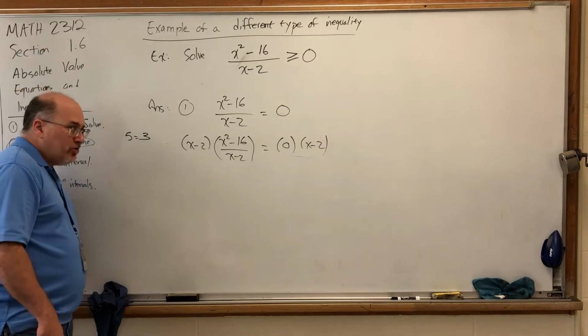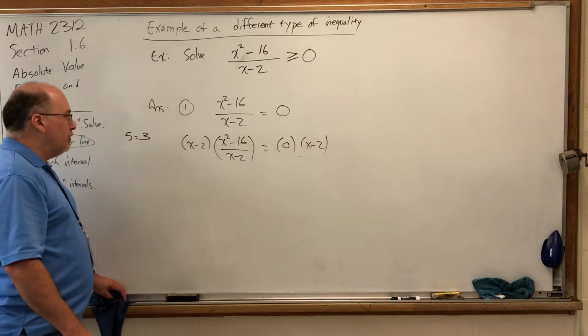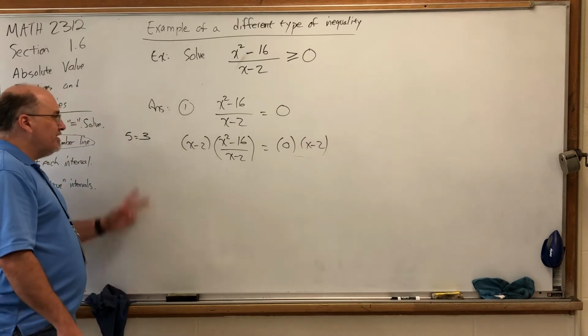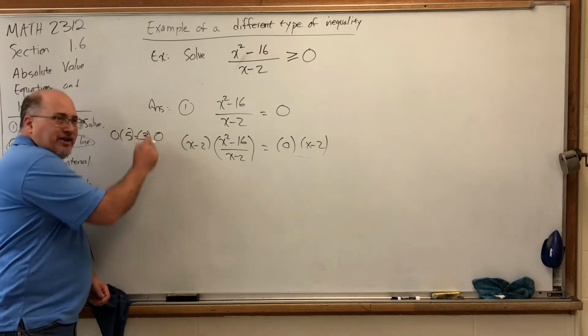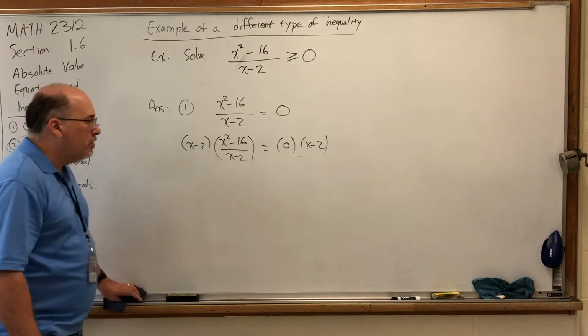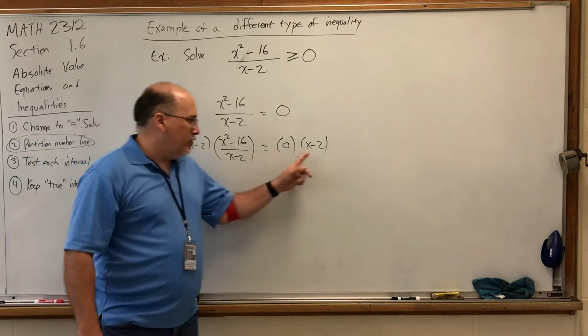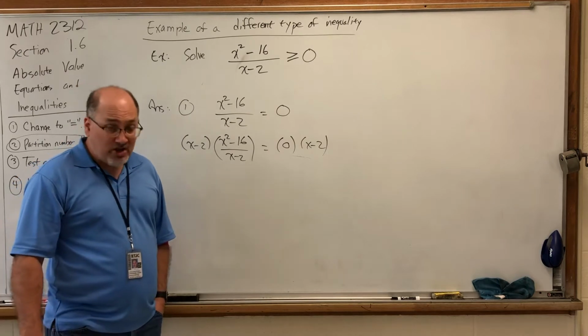Multiplying by a non-zero number preserves an equation's truth value. Multiplying by 0, however, can take something that's not true and make it true. So you have to be careful when you're multiplying by 0. But when you're multiplying by a variable expression, you don't know if it's equal to 0 or not because you don't know what x equals.